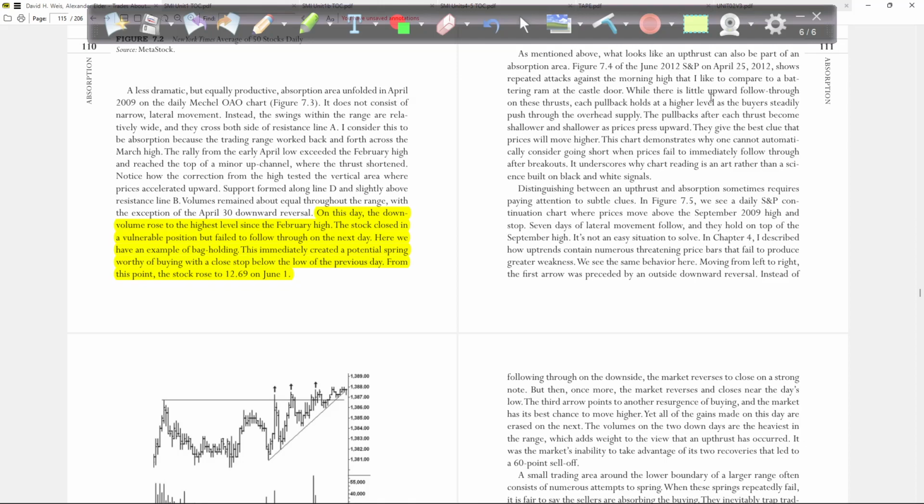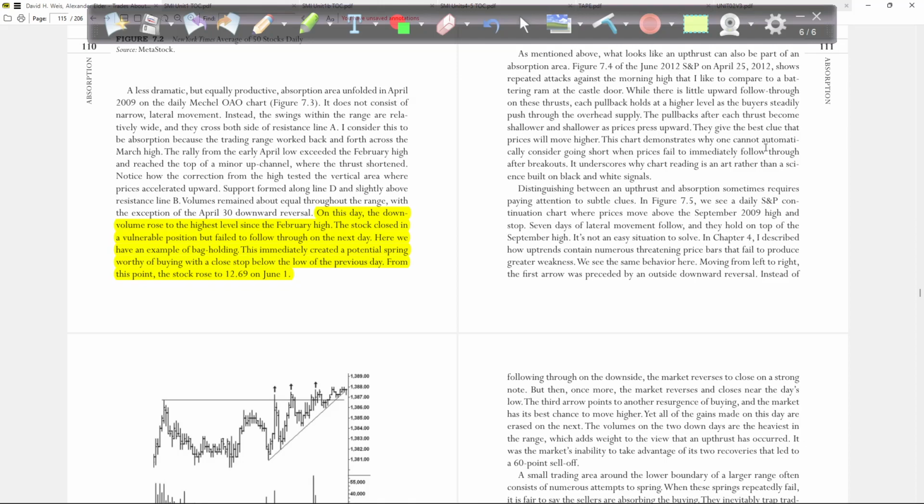While there is little upward follow through on this upthrust, each pullback holds at a higher level as the buyers steadily push through the overhead supply. The pullbacks after each thrust become shallower and shallower. As prices press upward, they give the best clue that prices will move higher.